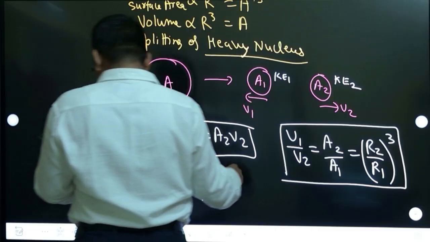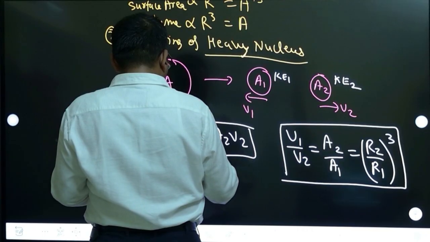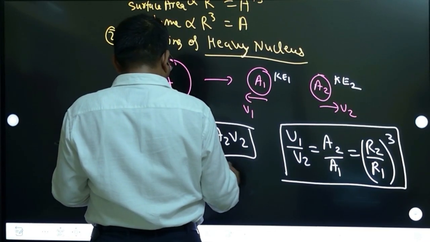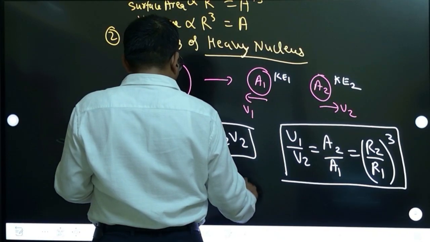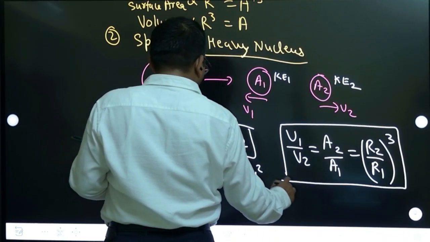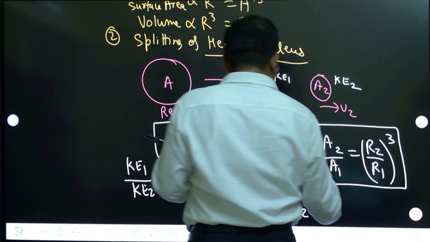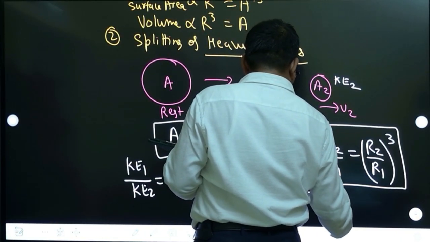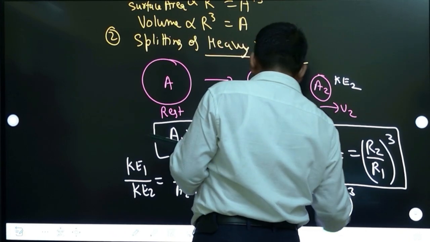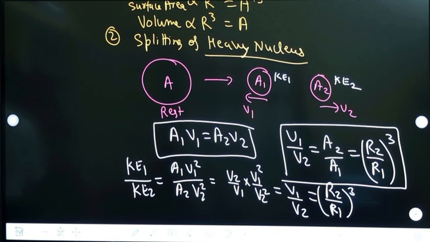Now A1 by A2 is v2 by v1. So v2 by v1 into v1 by v2 square. So finally it will come as v1 by v2. And v1 by v2 is the same as the radius ratio cube, r2 by r1 whole cube. So kinetic energy ratios and speed ratios are the same.